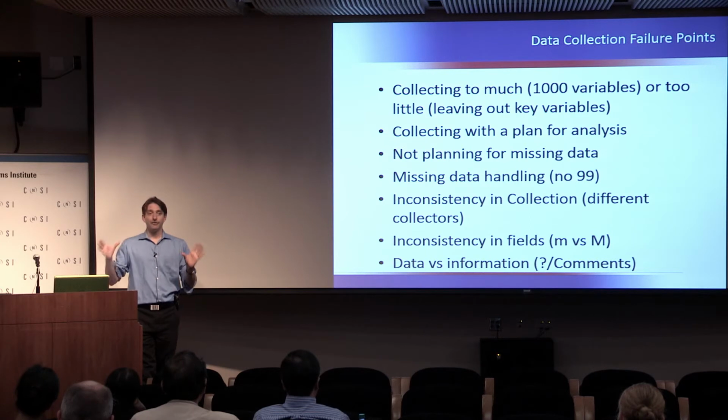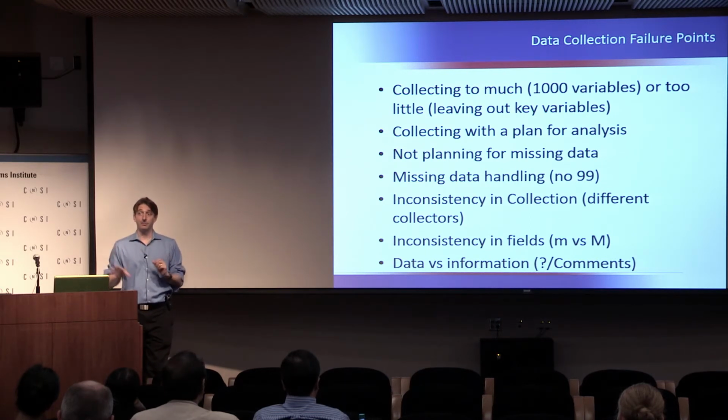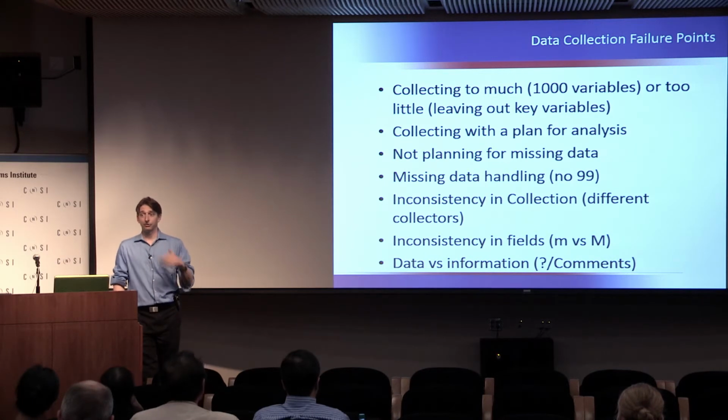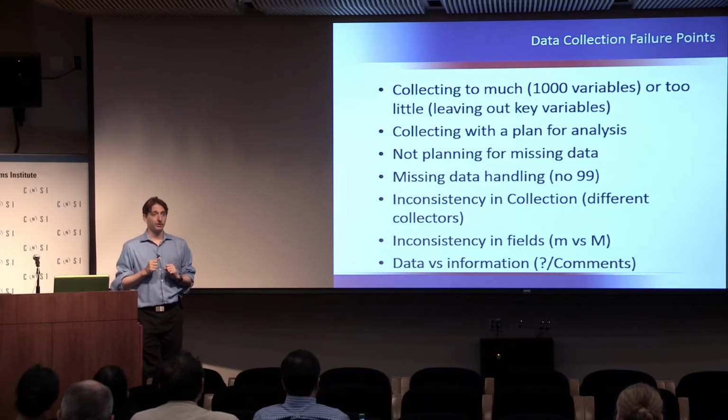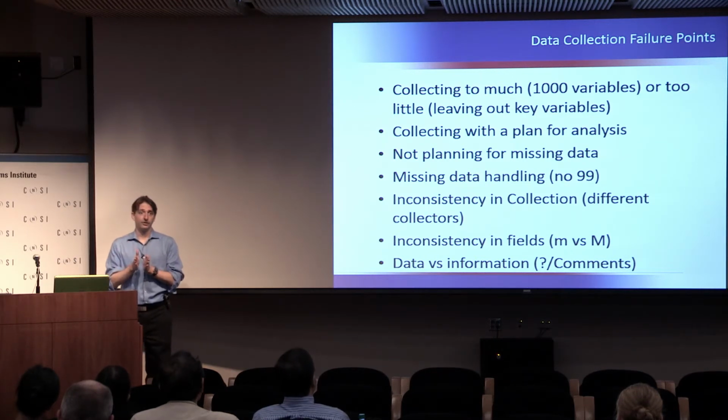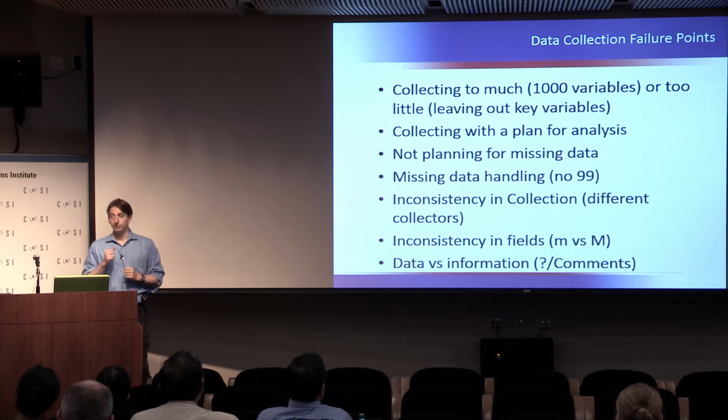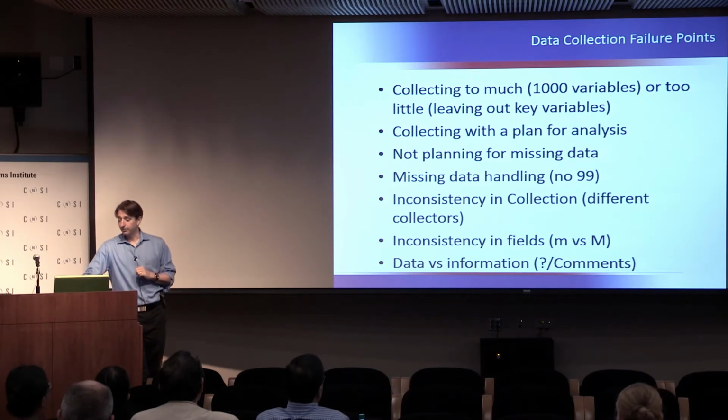And while this is a trivially fixable problem, if you have 100 or 200 such variables, going back and fixing them all later is a very substantial challenge, and you will forget something, I can guarantee it. If you have a good statistician working with you, they will forget something, I can guarantee it. So set it up ahead of time so that you can avoid those problems by having logic and range checks, data consistency checks for entry, and you can avoid a lot of those things down the road. This last comment, sort of data versus information.